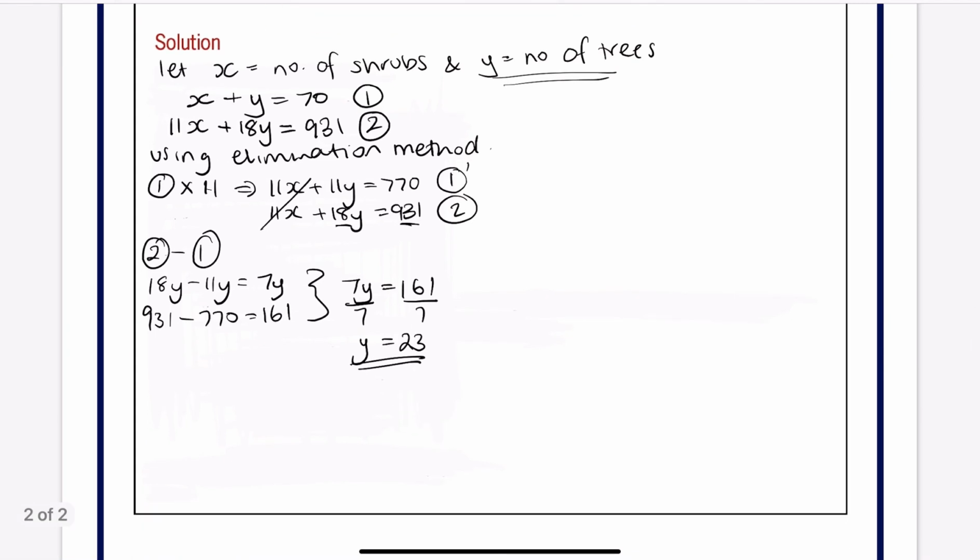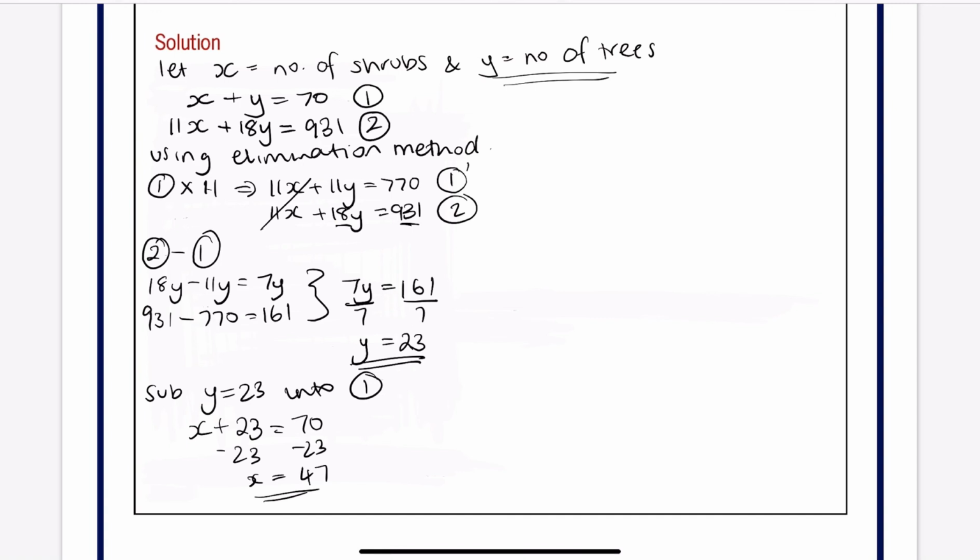So we also have to find the number of shrubs. To find the number of shrubs, I'm going to substitute y equals 23 into our original first equation. So x plus 23 equals 70. Minus 23 on both sides, x equals 47.